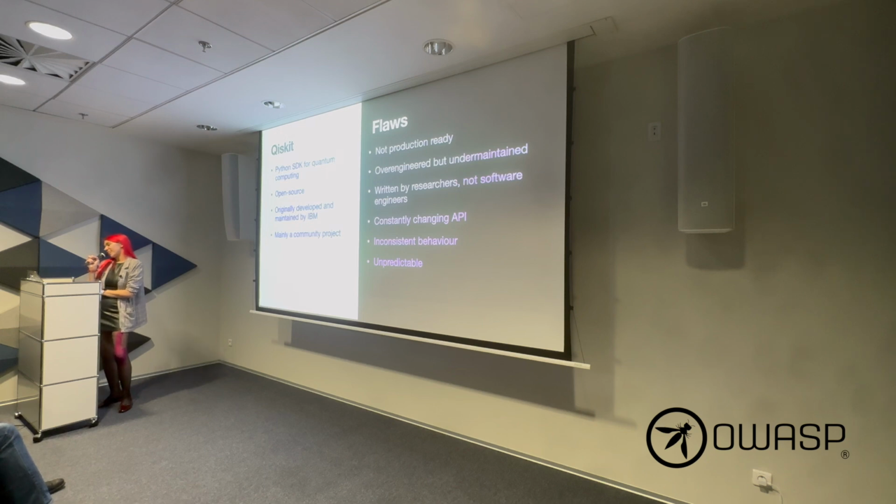That also ties to inconsistent behavior, when you want to connect stuff from different modules together. And also the main problem: a constantly changing API. What does it mean? IBM releases a new version of Qiskit each year, which makes the previous version completely unusable, so you have to completely rewrite your code.